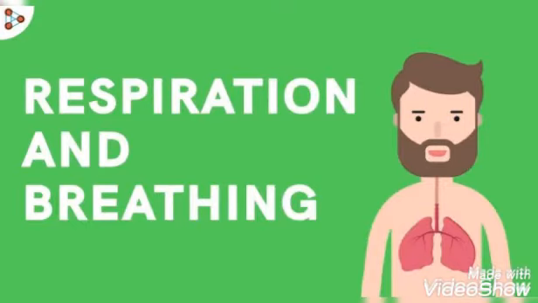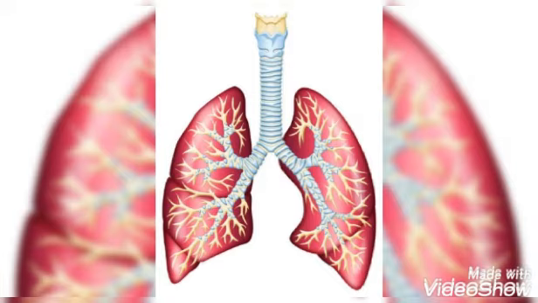This is your Chitrali ma'am and we will start with a new chapter, and that is respiration in organisms. In this chapter, you will learn about external respiration or breathing, internal respiration or cellular respiration, the breathing mechanism, aerobic and anaerobic respiration, and finally the different kinds of respiration in animals and plants.